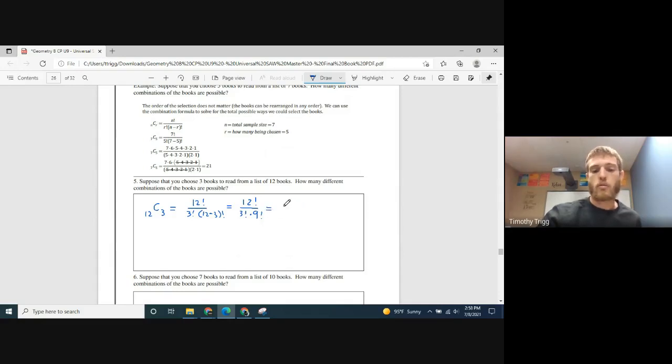So I'm going to rewrite the 12 factorial as 12 times 11 times 10 times, and I'm going to stop at 9 factorial, so it'll cancel with this 9 factorial. On the bottom, 3 factorial is 3 times 2 times 1, and then it's times a 9 factorial. I'm just going to put 9 factorial because it's going to cancel with the 9 factorial on top.